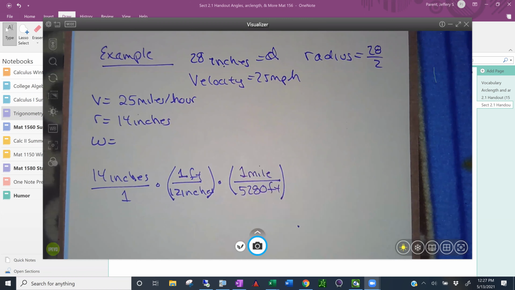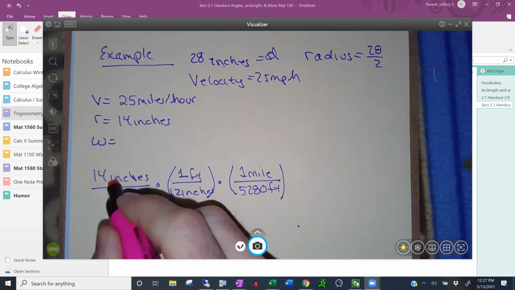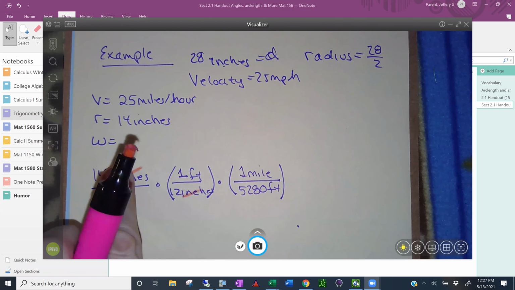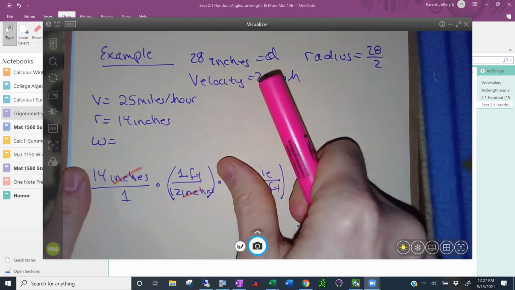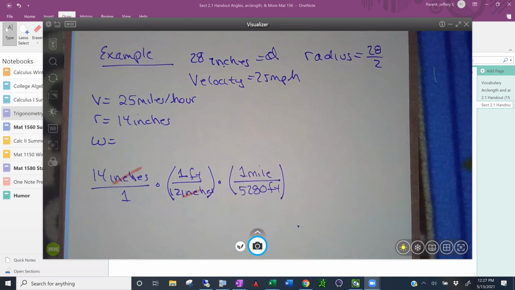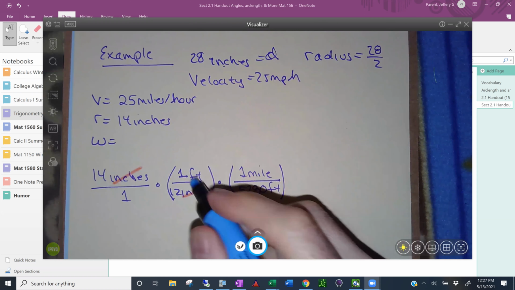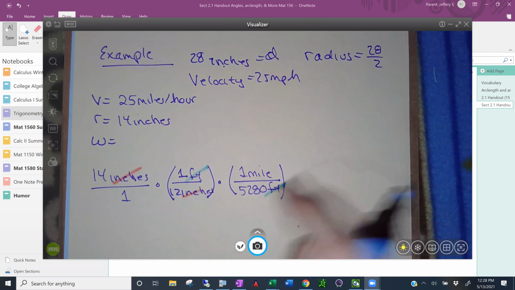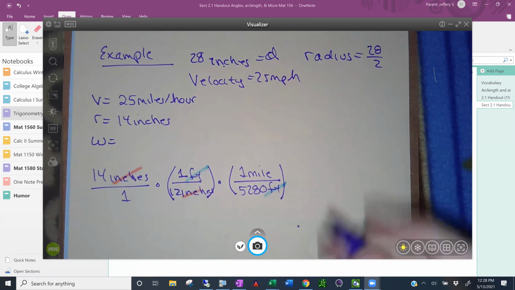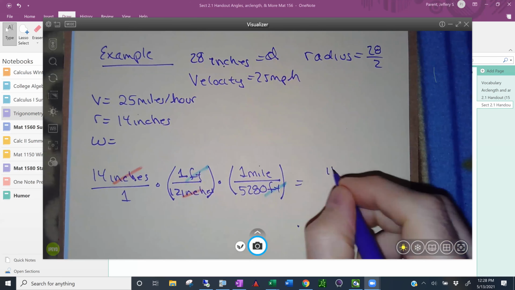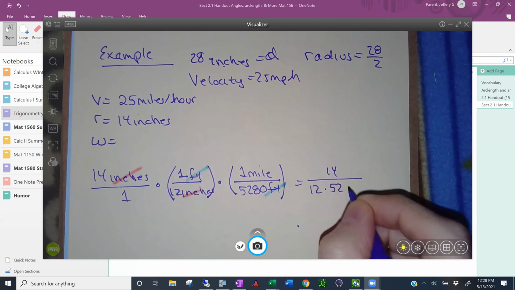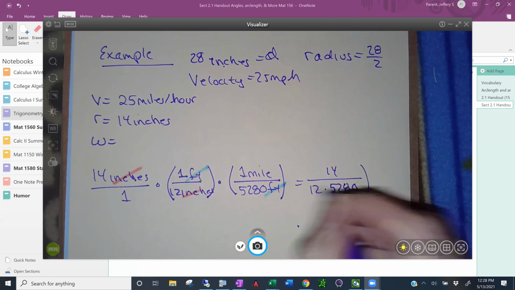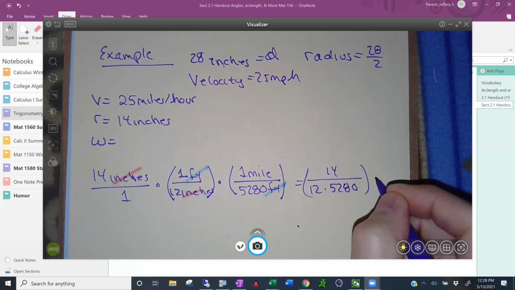And if you look at how this is set up, units of inches will cancel because you've got inches here on the top and here in the bottom. And that'll leave you with units of feet. But then we're not happy with units of feet either. We're going to cancel out units of feet and end up with units of miles. So what it'll end up as is 14 over 12 times 5,280. That's going to be your distance in miles.